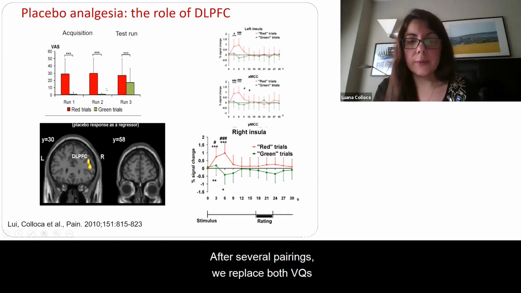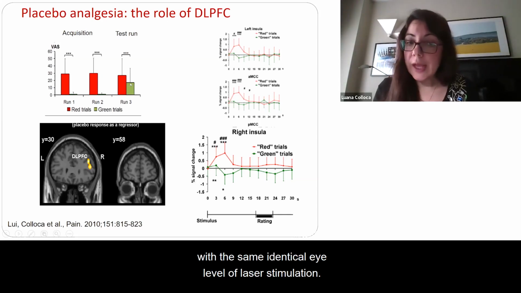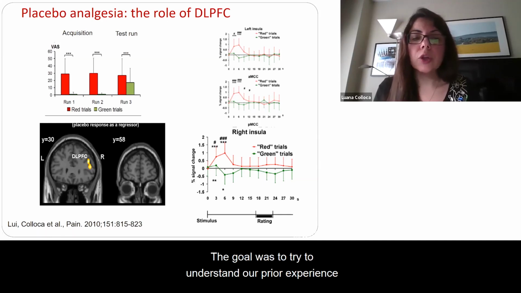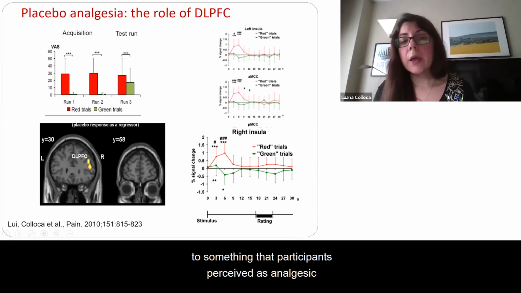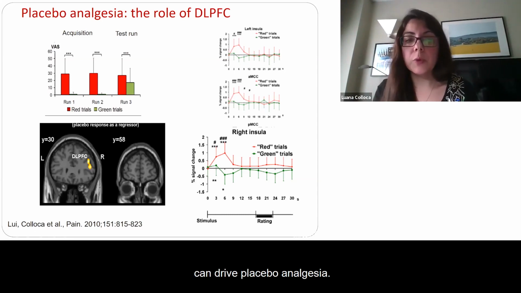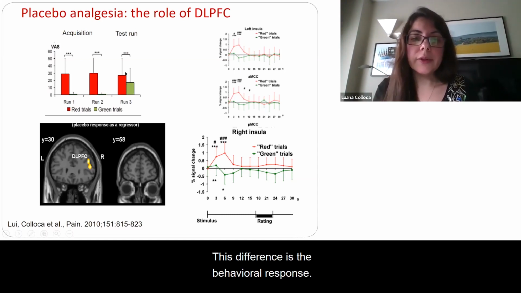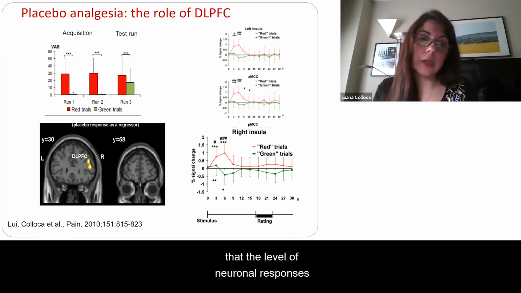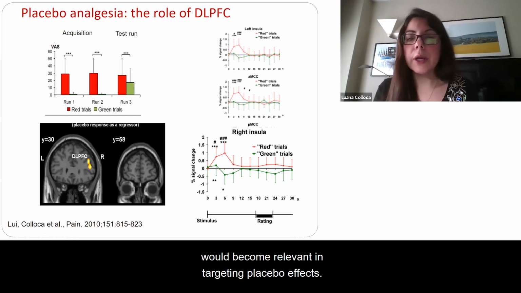After several pairings, we replace both cues with the same identical high level of laser stimulation. The goal was to try to understand how prior experience with something that participants perceived as analgesic can drive placebo analgesia. This difference is the behavioral response. Well, the goal was to understand, at the level of neuronal responses, what becomes relevant in targeting placebo effects.